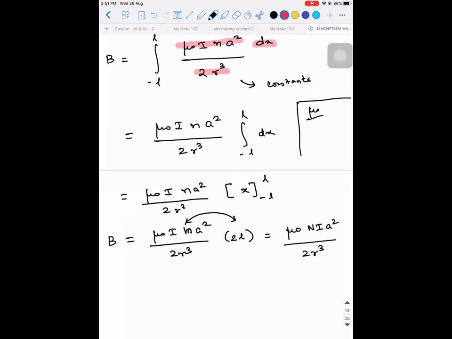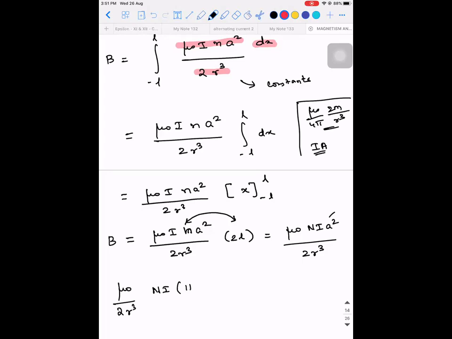It is mu naught divided by 4 pi, into 2m divided by r cubed. Now, what is the magnetic dipole moment due to a current carrying conductor? It is I into A. So if you observe mu naught divided by 2r cubed, I am not disturbing this, n into I into a squared is there.